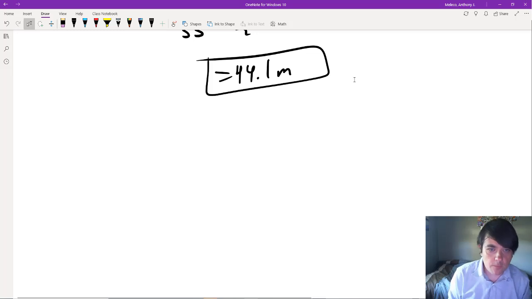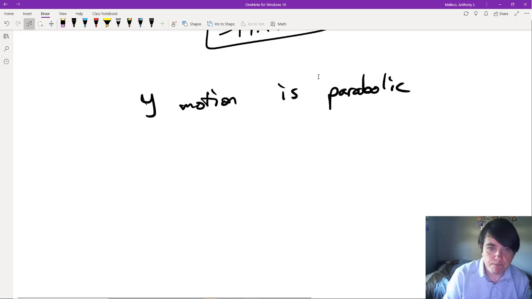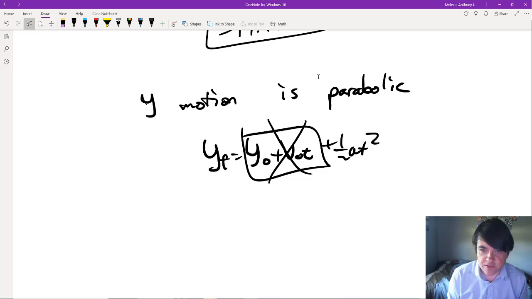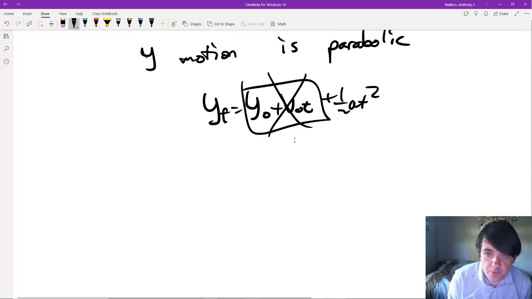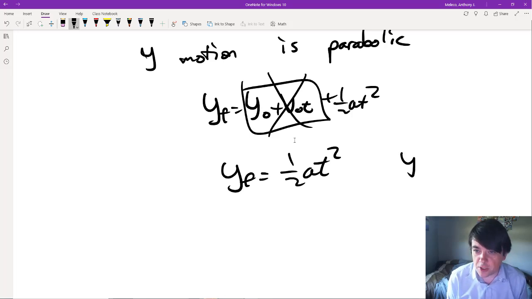One thing I want to point out is y motion is parabolic, meaning if you look at this equation, and then these guys were 0, right? So we could just get rid of those. But even if they weren't, it would just introduce a constant, and you'll see that in the next part. But y final equals, a parabola is y equals x squared, right?